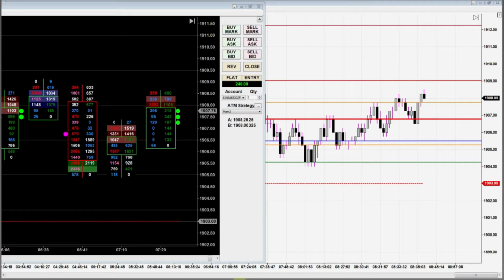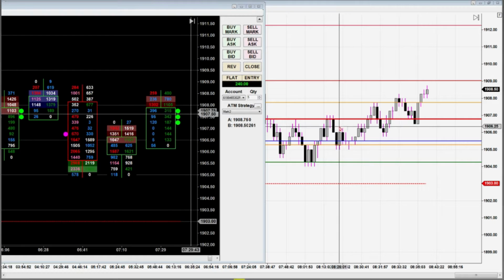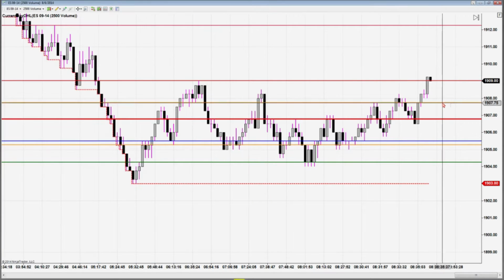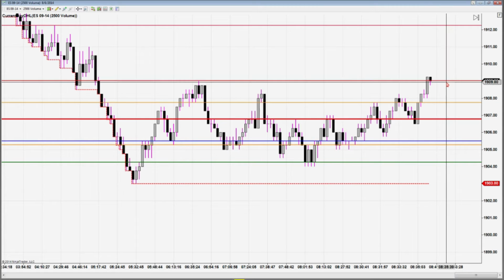Looking for the profile. Right now this is not, I gotta fix this. It's not drawing the profile for me on my RTH chart. So anyway, this becomes the open swing. I want to get back to the information. This becomes the open swing.